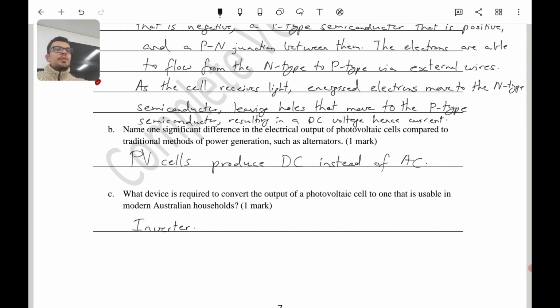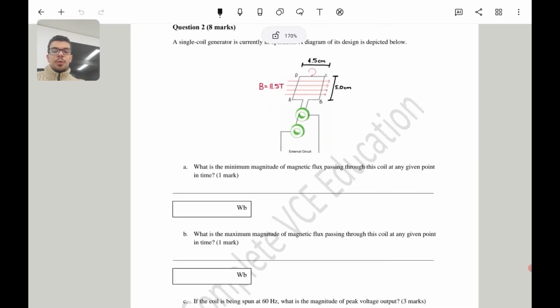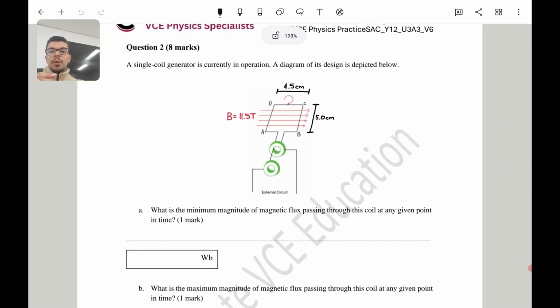All right, let's move on from there. Question number 2. A single coil generator is currently in operation. A diagram of its design is depicted below. A. What is the minimum magnitude of the magnetic flux passing through this coil at any given point in time? That's interesting.